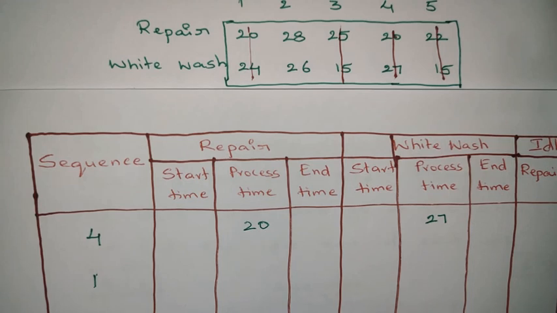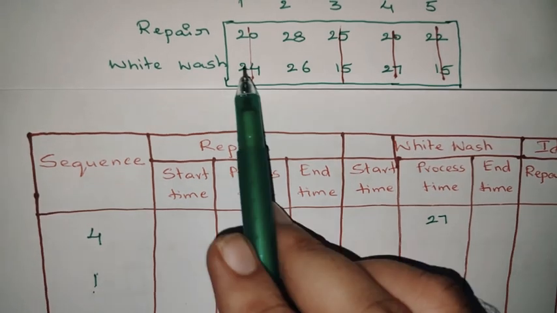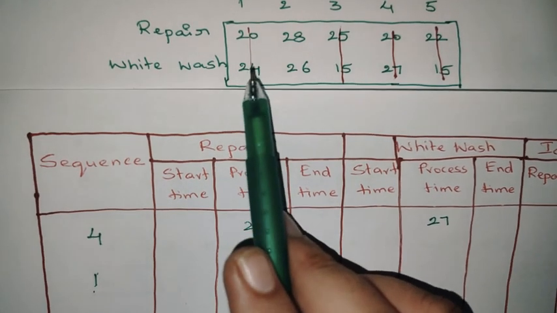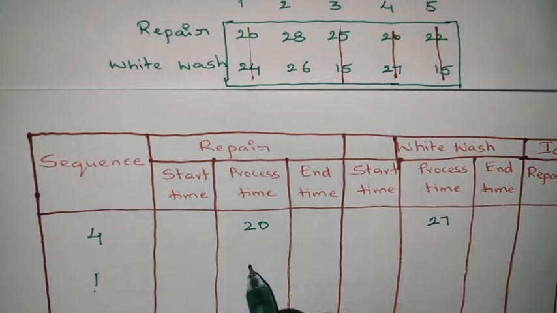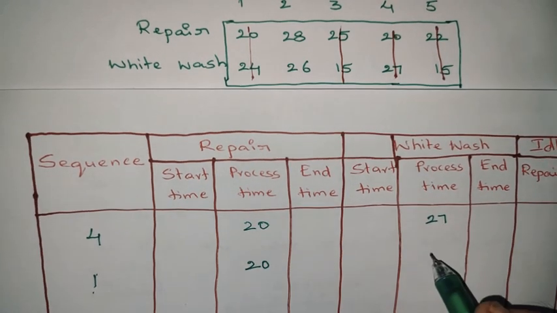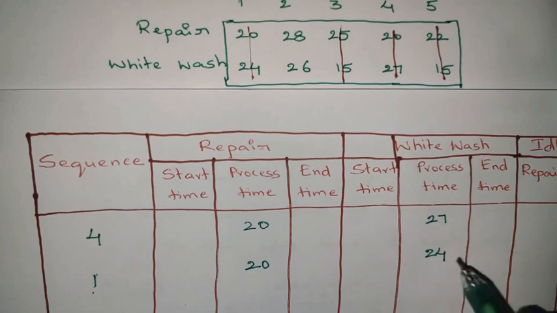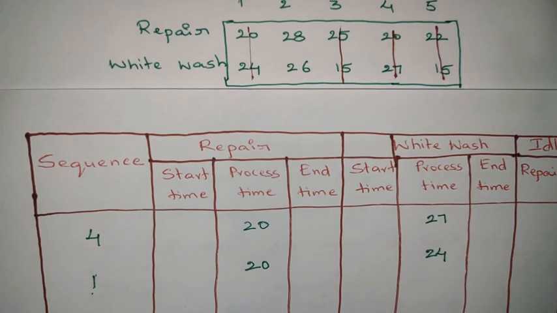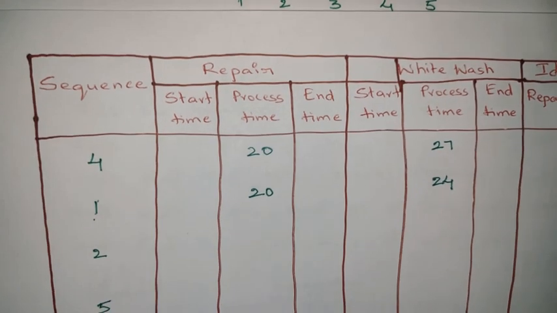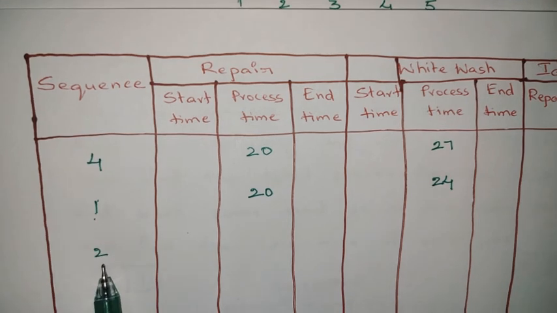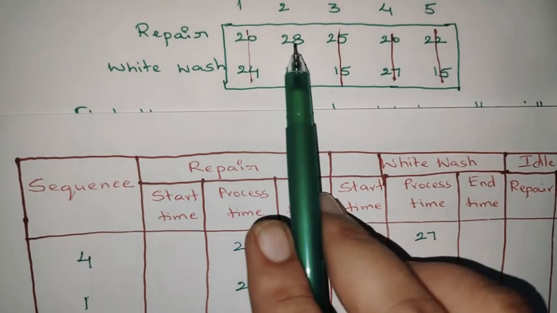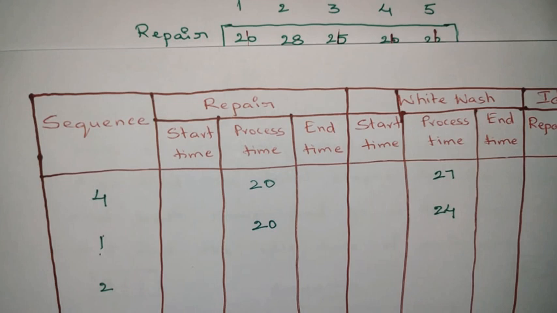And next for the first floor, the process times are 20, 24. Write them: 20, 24. Next, the next process is 2. For process 2, the timings are 28, 26. So write them.